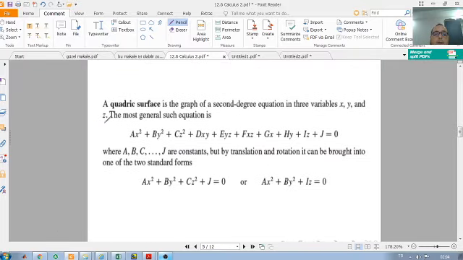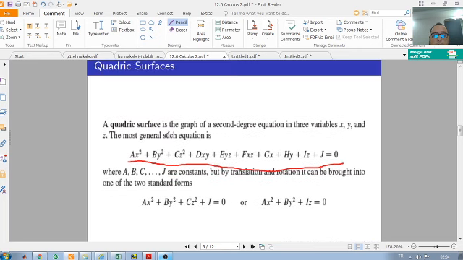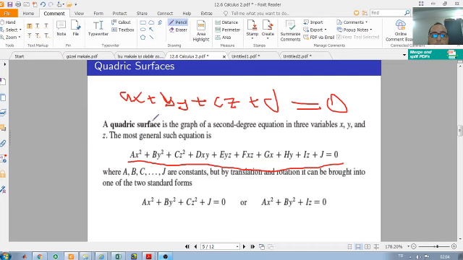Generally, a quadric surface is the graph of a second-degree equation in three variables, x, y, and z. Such an equation can be given in this form. You know, generally, the equation of a plane is given by ax plus by plus cz plus d equals 0.